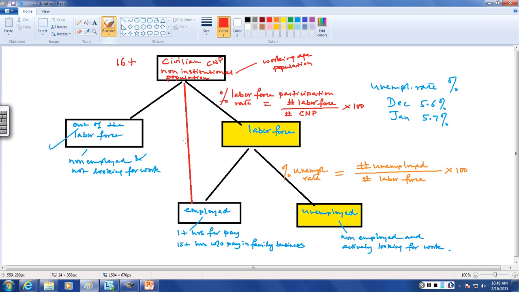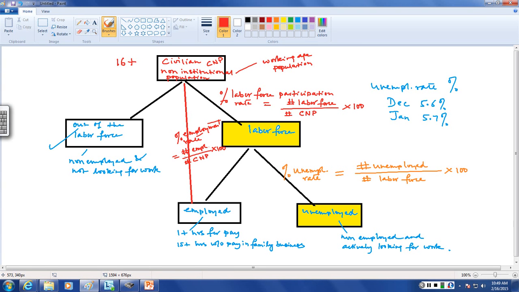And this percentage here, this would be the percentage employment rate. And the employment rate is defined as the number employed divided by the size of the CNP, not the labor force, but the civilian non-institutional population times 100. So that is the employment rate.